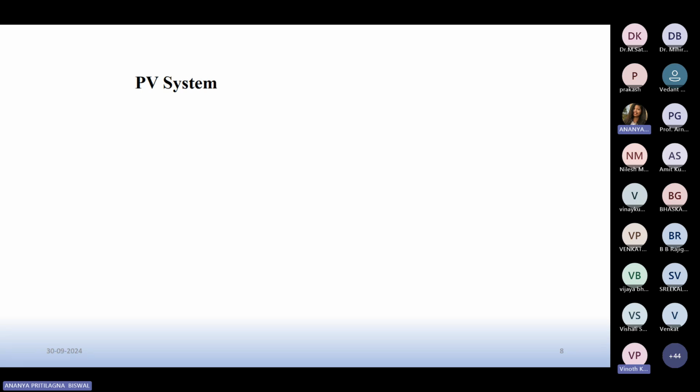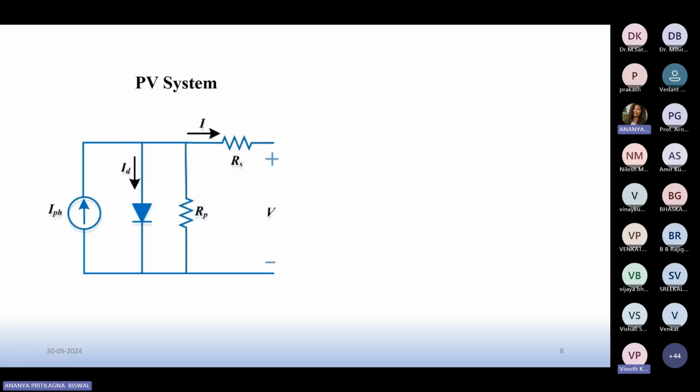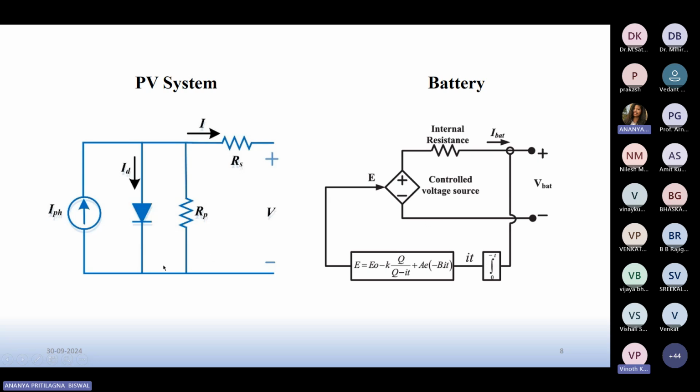Now, the modeling of the system. For PV, we have taken a single diode model, where IPH is the photocurrent, ID is the diode current, RP is the parallel resistance, and RS is the series resistance. The battery system is also designed in a similar way, with a controlled voltage source with an internal resistance.